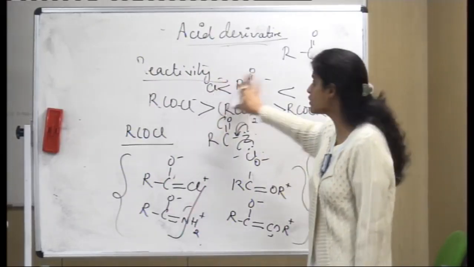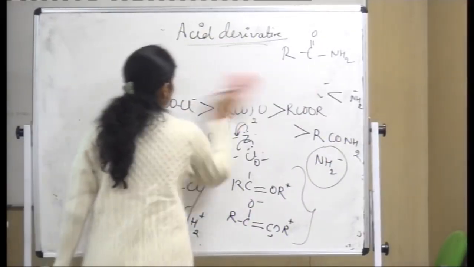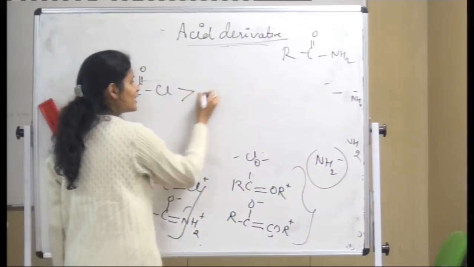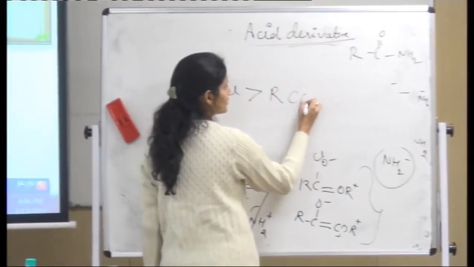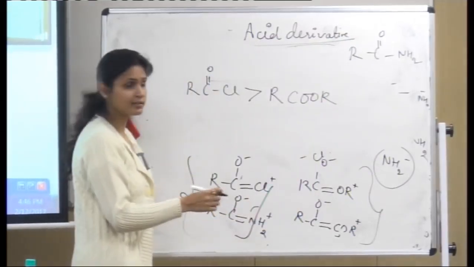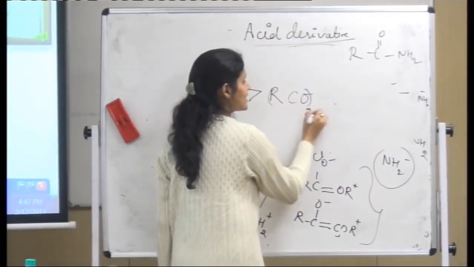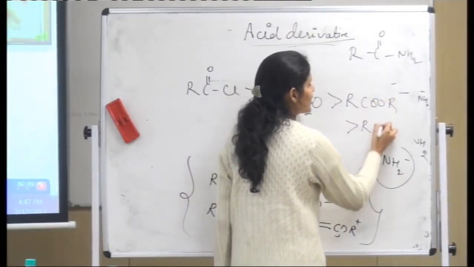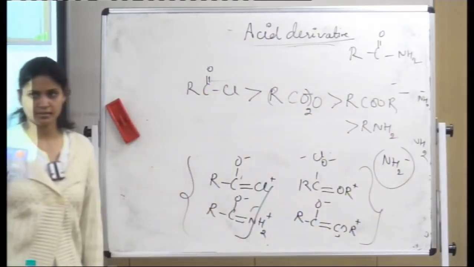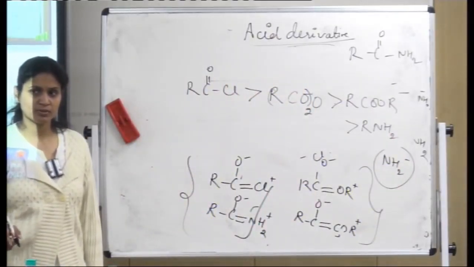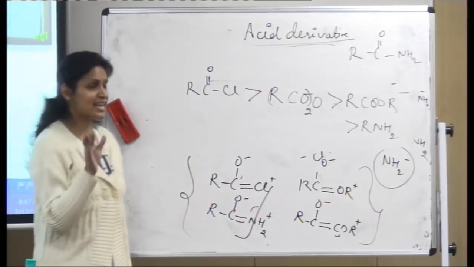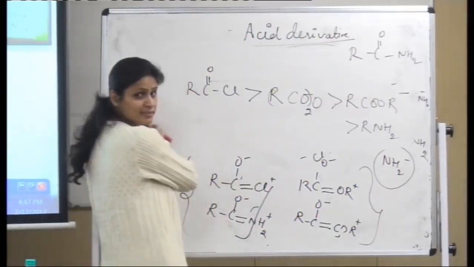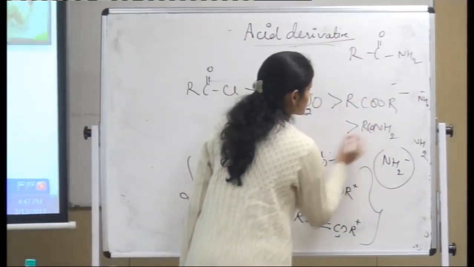So you can justify this order now, that acid chlorides are always strongly reactive, then followed by the acid anhydride, then followed by the esters, and then followed by the amides. Amide means RCONH2. Understood?